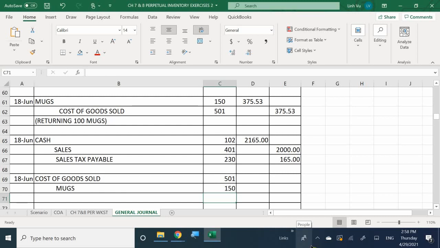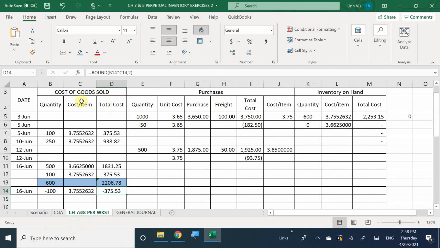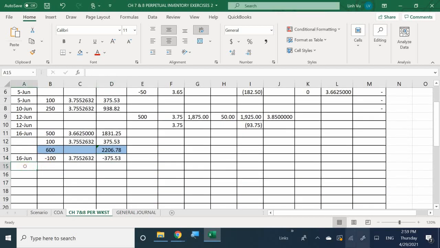So therefore, we need to go back to our inventory worksheet because now we end up selling 200 more mugs on the 18th. I keep writing the wrong date. 6/18. Okay. So now we sold 200 mugs.